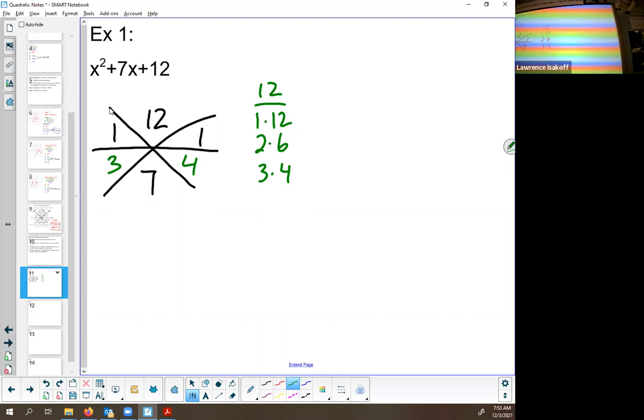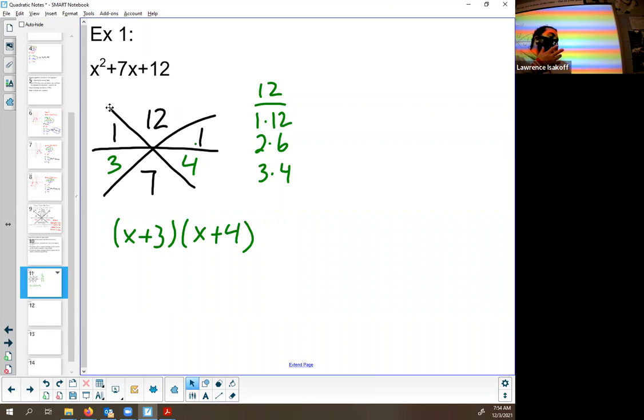Other combos don't work, because if I use 1 and 12, yeah, it multiplies to this, but that would add up to 13, and that's not what I want. 2 and 6 would add up to 8, and again, that's not what I want. So once we do this, now when ones are on top here, we've got no stress. I'm just going to write it as x plus 3 times x plus 4.